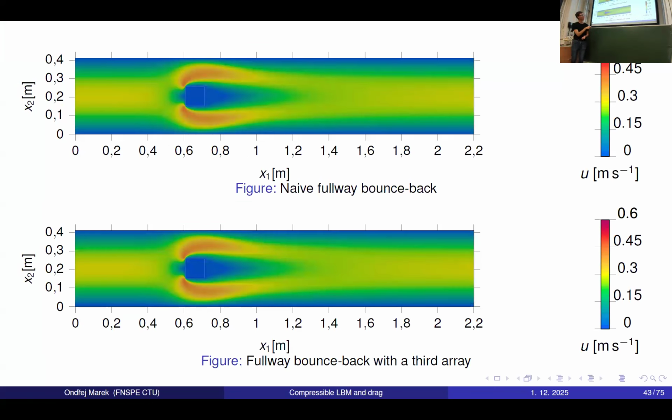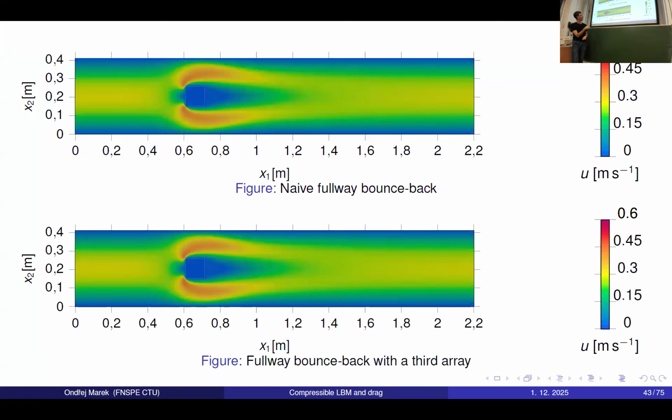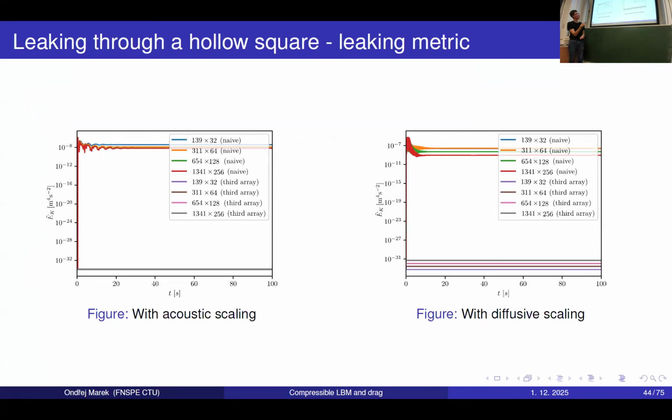So the results with naive and fully bounce-back with third array look almost the same, or here we can see that they are actually the same, but when we look closer, I took a metric inside the square, which corresponds to the kinetic energy.